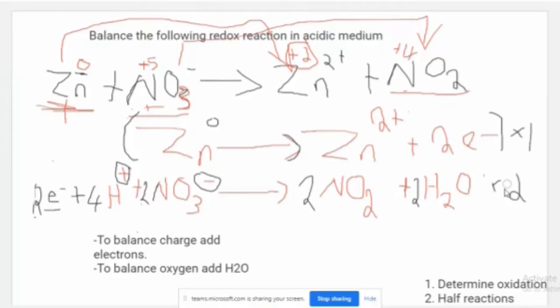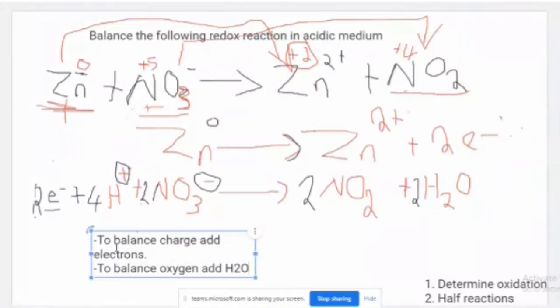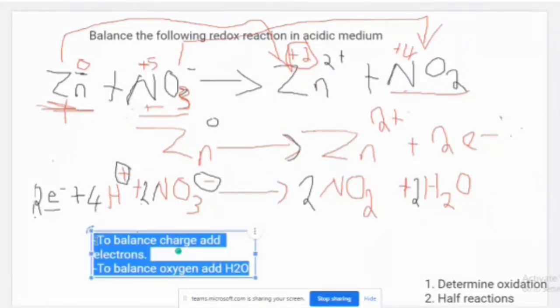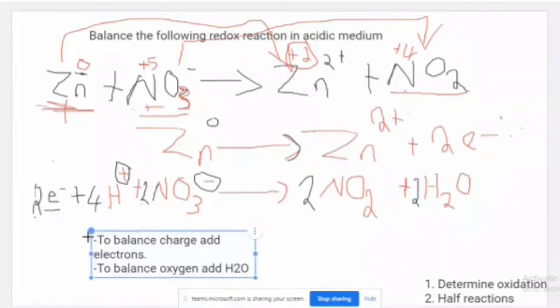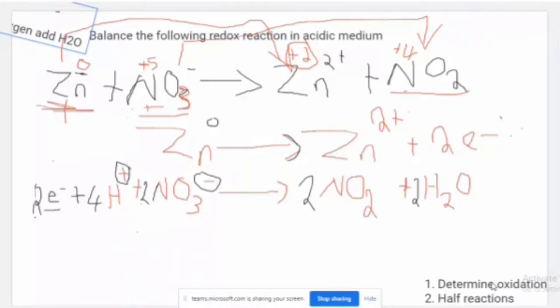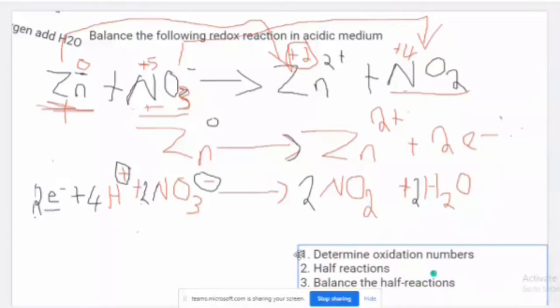So now, since the number of electrons are the same, we can add the two half reactions. Let me remove this, and also this, so that we have enough space here.